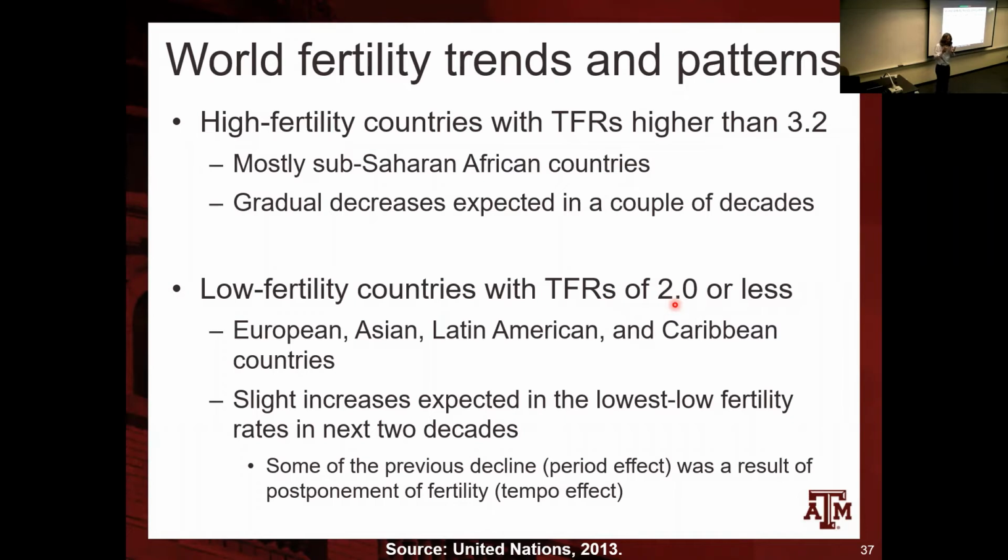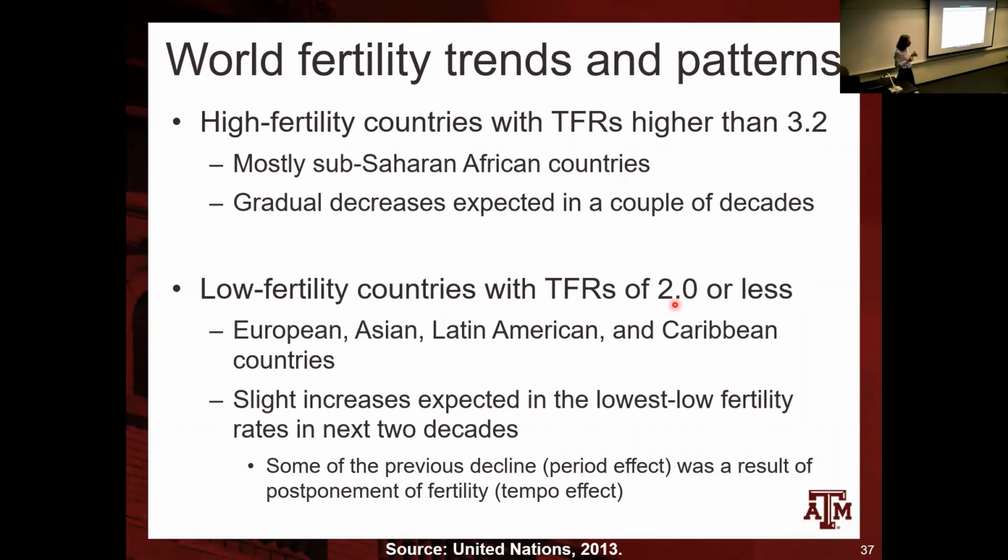And this is a topic that I mentioned to you before, related to what are called the period and tempo effects. If I have a group of women that, because of economic development, changes in mentality and culture, investing more in education and jobs, postpone the age at which they have children. If their mothers, on average, had children around age 20, they might start to postpone to age 25, 30.